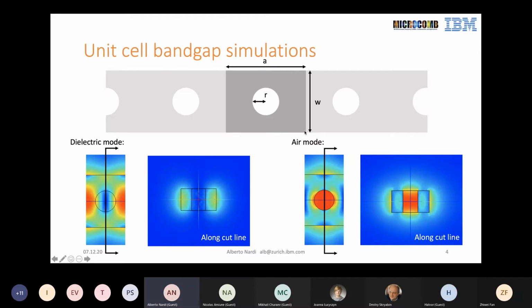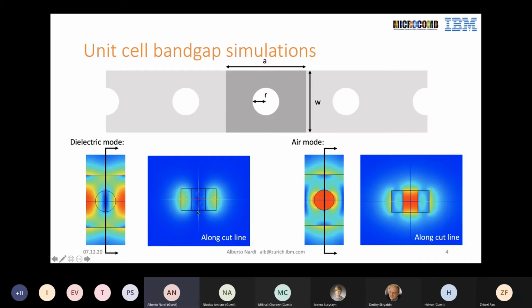And here I put a schematic to show you which degrees of freedom we have. So we can work with the lattice parameter A, the radius of the hole, and the waveguide width W.